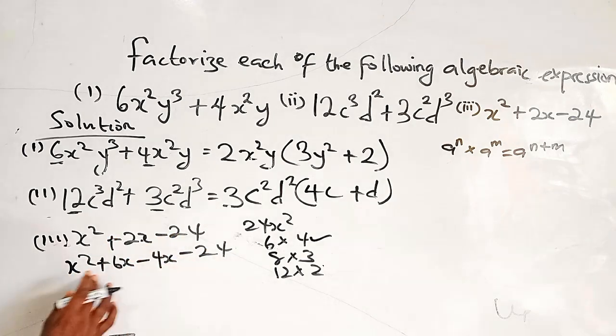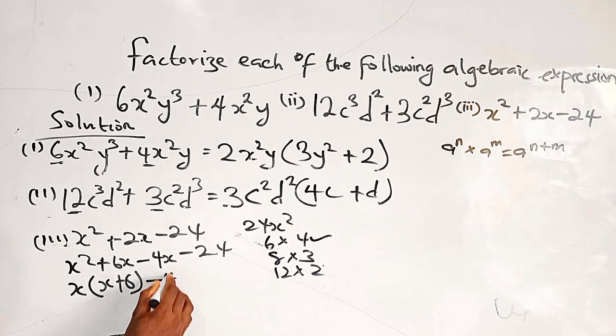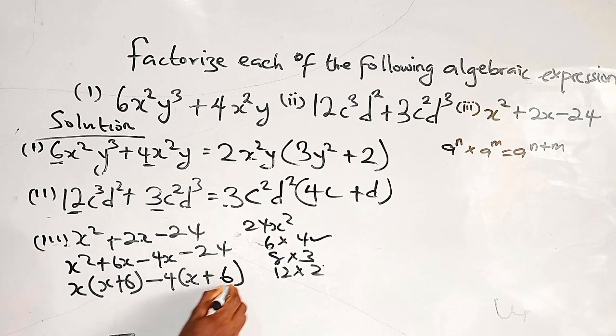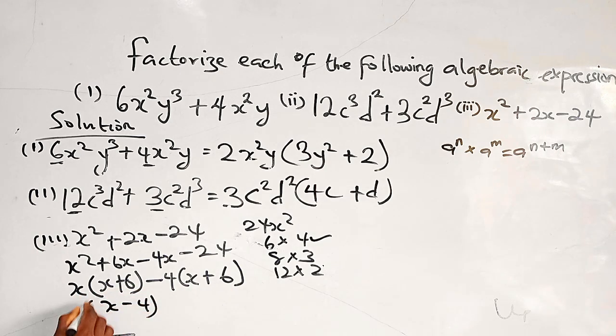What is common is x, so x times (x plus 6) minus 4 times... Minus times plus is minus, and 4 times 6 is 24. The bracket is the same, so I pair this with this: I have (x minus 4) and (x plus 6). So this is the factorization, and by the time I expand this, I have this.